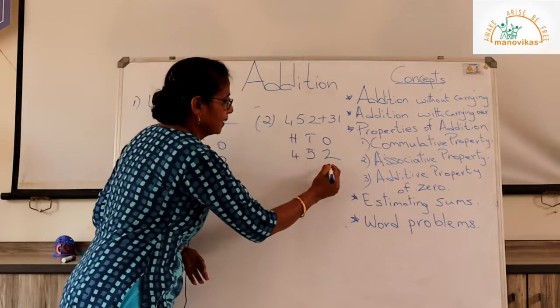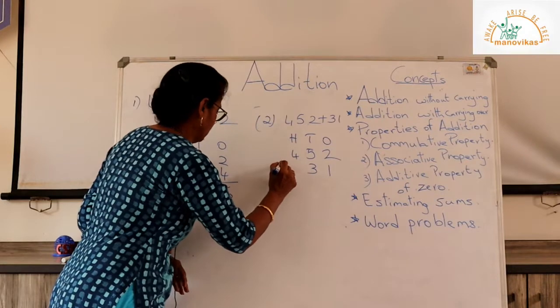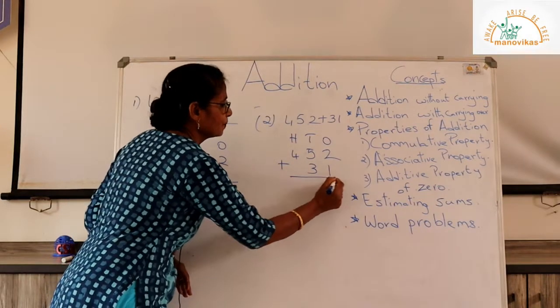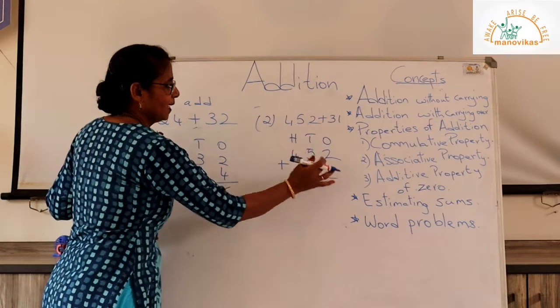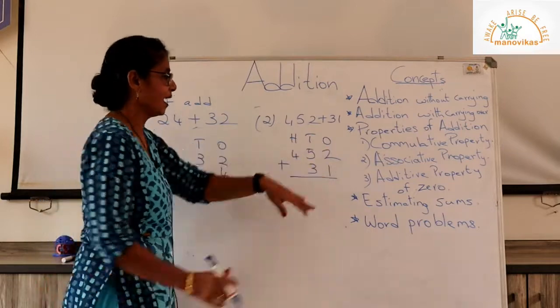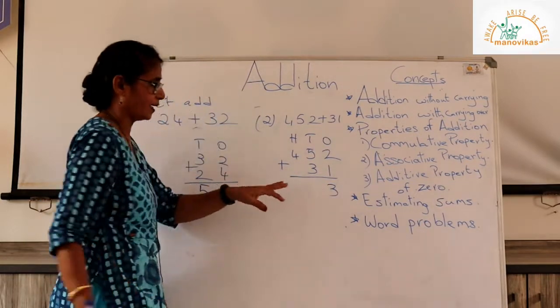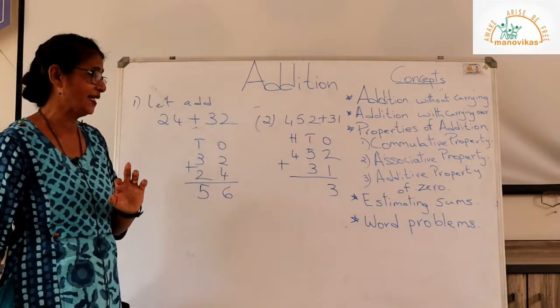We put 1 in the ones place and 3 in the tens place, and put the plus sign. And we add. 2 plus 1. Now 2 is in the ones place, so we have 2 ones and 1 one. That gives us 3. 5 tens and 3 tens makes 8 tens.